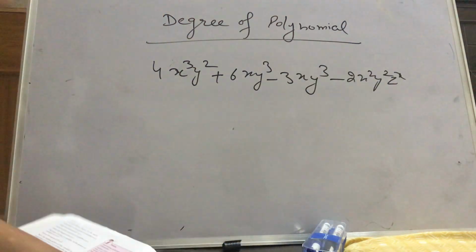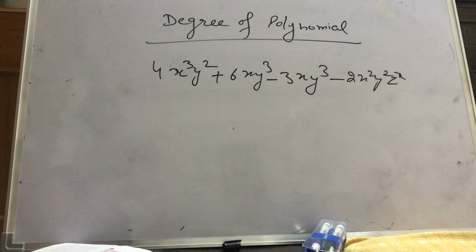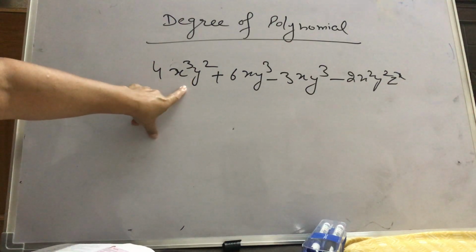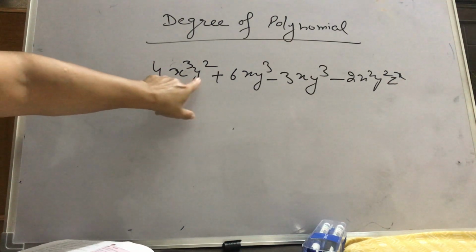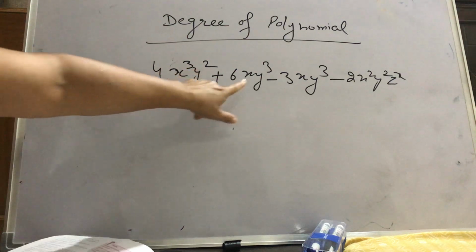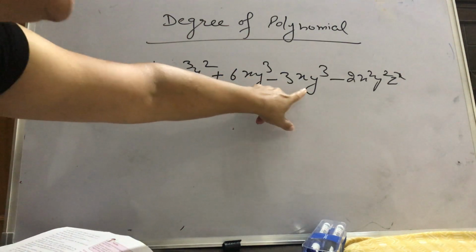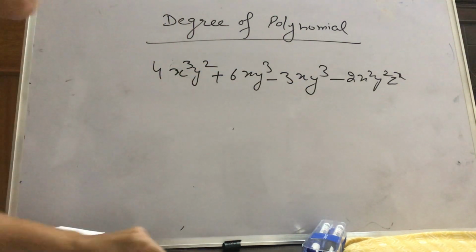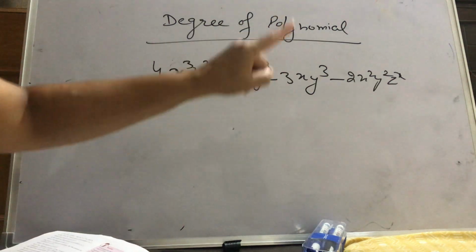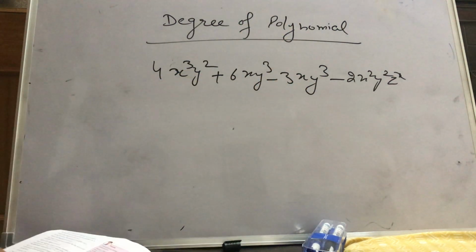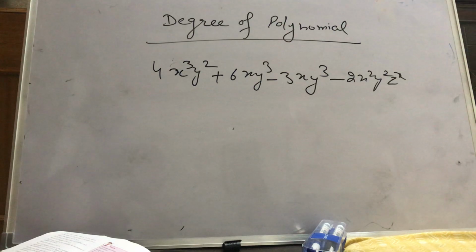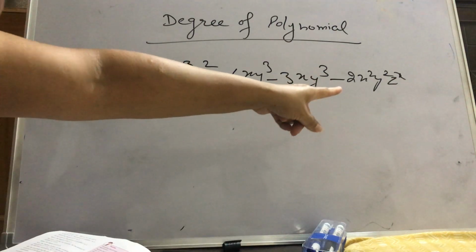Any polynomial is written in the descending order by looking at the powers. The highest power term will be written at the first place. So this term is having the degree 5, 3 and 2, 5. This is 4, this is 4. This term is having x square, y square, z square. The total 6 is the degree of that term, minus 2, x square, y square, z square.